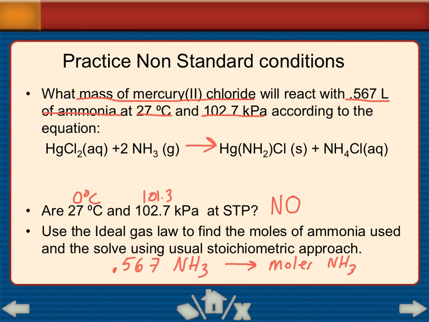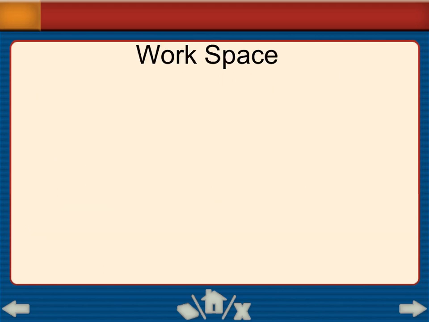So we'll take the 0.567 liters of ammonia, use the ideal gas law to find the moles of ammonia, and then go from there to find the grams of the mercury chloride.